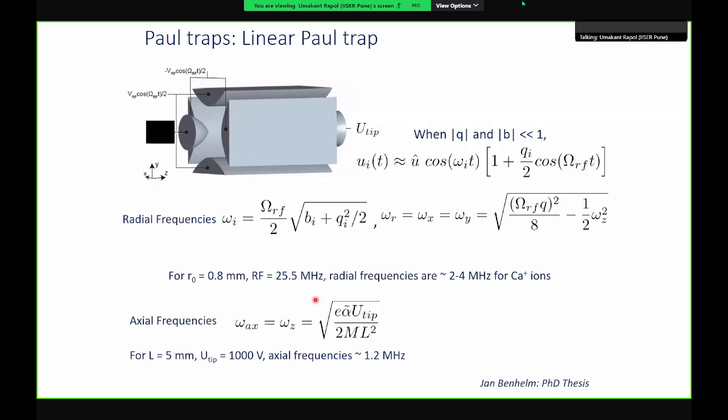So typically for the kind of traps that are used, the value of R0 is a little less than a millimeter. RF is in the range of 20-25 megahertz or so. So the radial frequencies are anywhere in the range of a few megahertz for calcium ions, and the axial frequencies are of order megahertz or so, because you have to apply about a kilovolt along the axial direction.